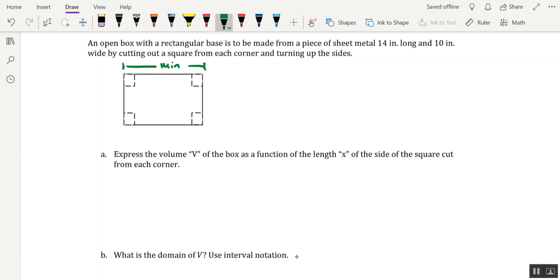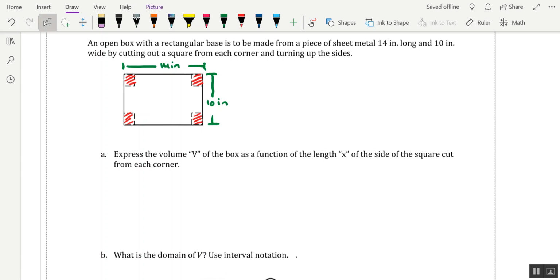And then I'll mark the width as 10 inches. And what's going on is we're removing squares from each of these four corners, which gives us four sides, or four flaps, which would be turned up to form the sides of the box. And each of these squares is an x by x, the square corners.